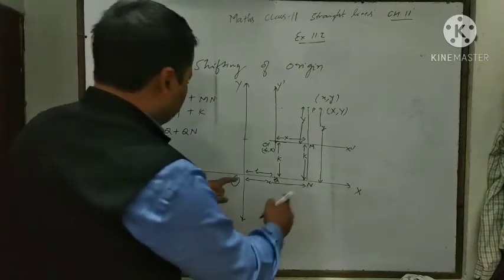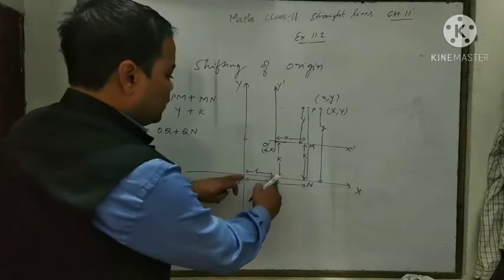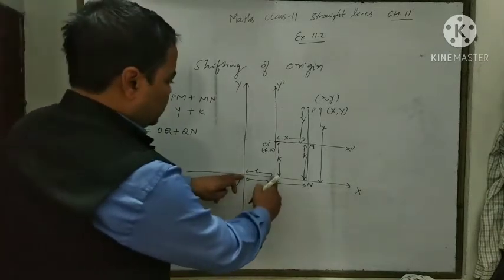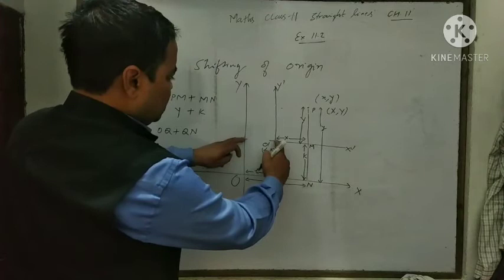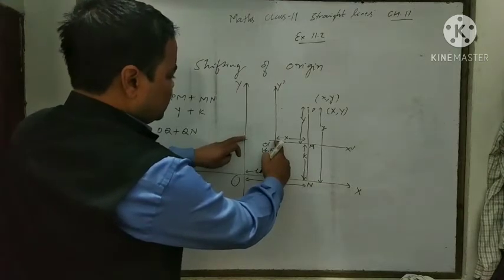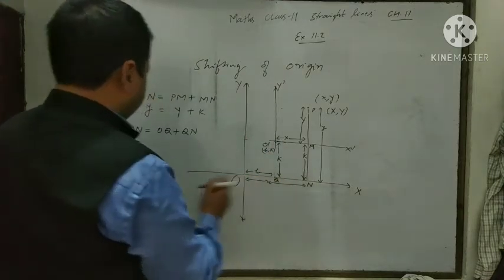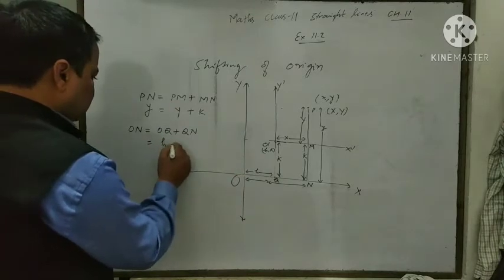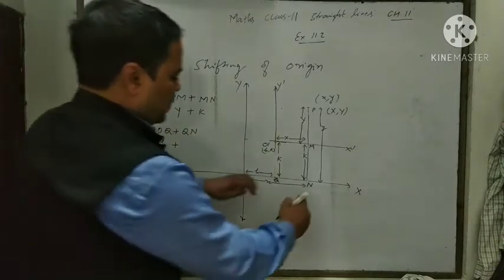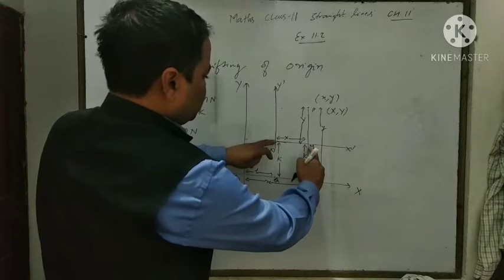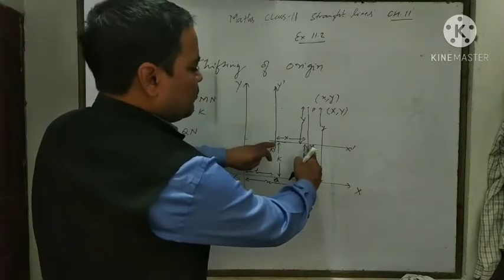And what is OQ? OQ is equal to this distance, that is h. If this is h, then this is also h. Its value will be h plus QN. And what is QN? QN is equal to O dash N.